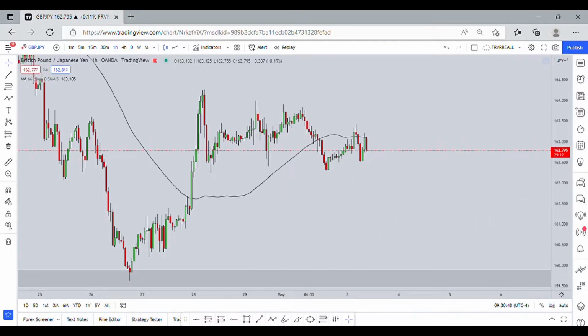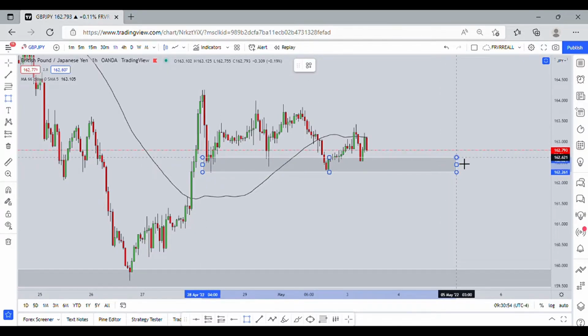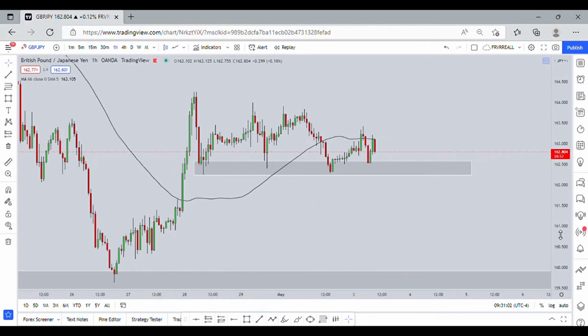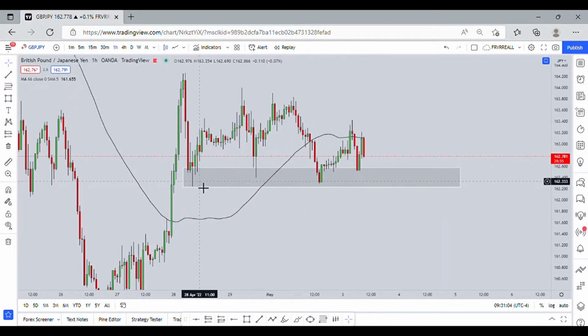So what I mean by support and resistance is simply the same thing, where price switches and you're able to see the imbalance in the market in terms of supply and demand, or in terms of sellers and buyers, right? So for example, here there is a support, right?